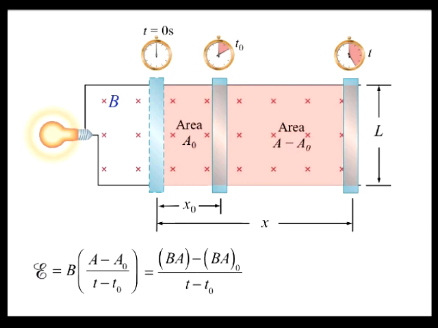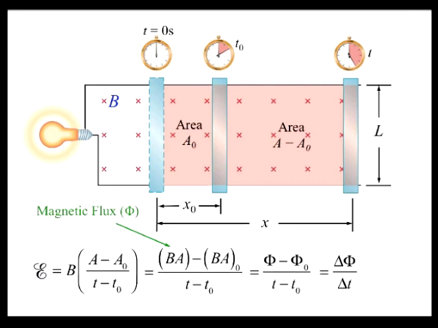The term BA, the product of the field and the area, is defined as the magnetic flux, phi, so we can write (phi minus phi0) divided by (t minus t0) equals delta phi divided by delta t. Therefore, the magnitude of the EMF is the change in magnetic flux divided by the change in time, or EMF equals delta phi divided by delta t.